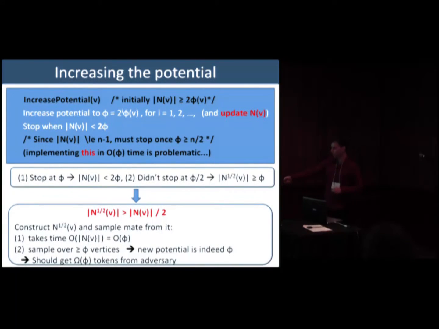And this means that the adversary will have to make many misses, at least phi over 2 misses, before it hits the edge that we just created in the matching. So this should give us the omega of phi tokens that we wanted. That's the money that we need to implement the entire procedure, and we are basically done. So that's I think the key idea, or at least one among two key ideas of the algorithm.